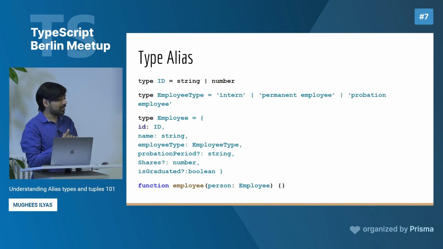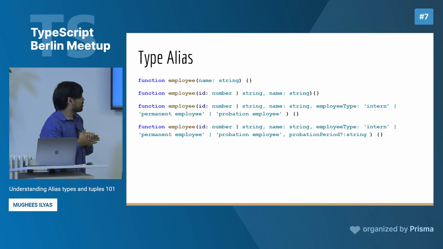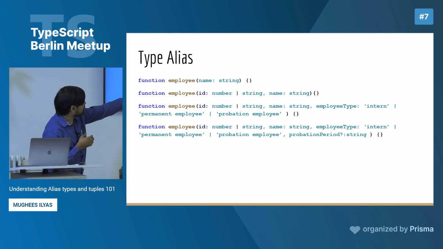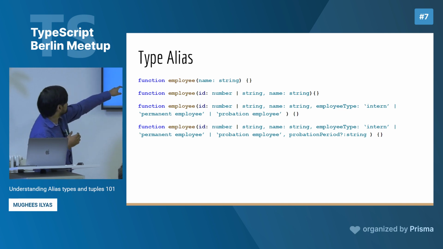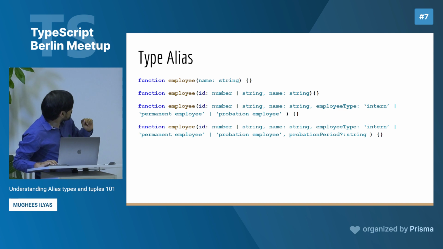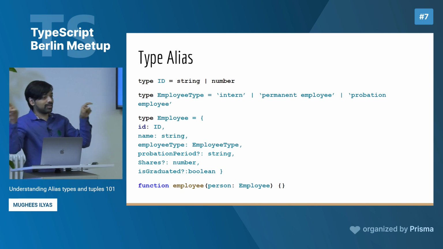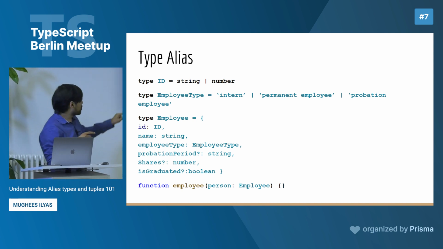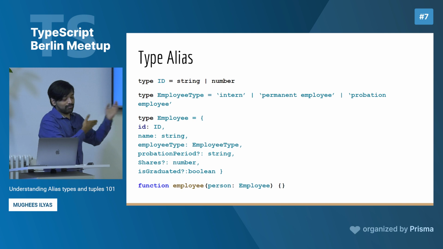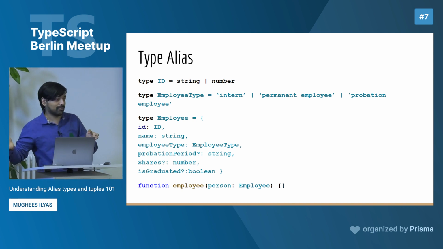There are twofold benefits for that. If you have your function parameters like these, the problem is that even if you have optional parameters, like your probation period is a question mark, if you have them inline in your function and you want to pass the last parameter, even though the other two are optional, you will have to pass them anyway, because functions cannot skip a parameter if you have to pass the last one.